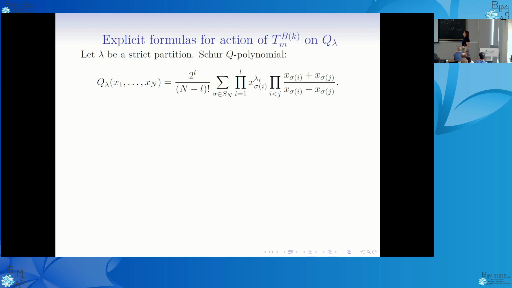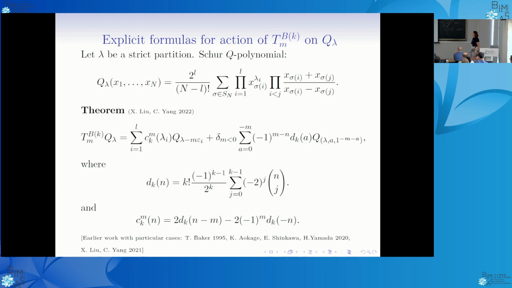Schur Q functions have Pfaffian formulas, which may not be obvious from this definition which I wrote down here. Nevertheless, I would like to cite again a nice explicit formula, where you take one of these coefficients dBk of u and apply it to a Schur Q function.